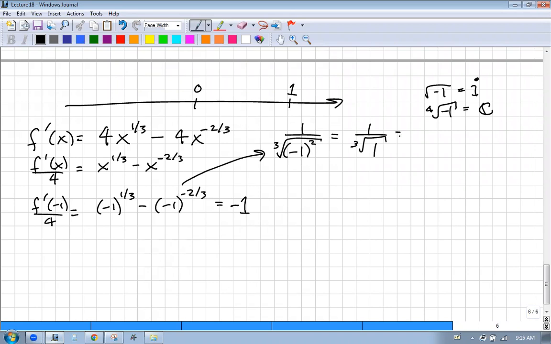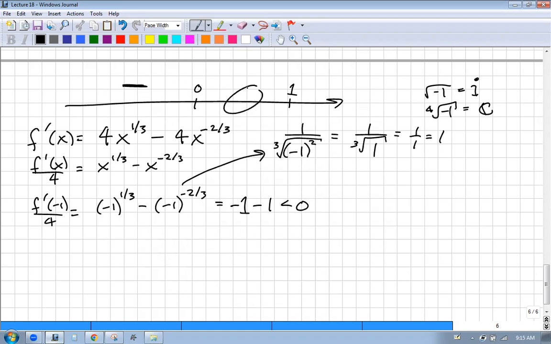What's the cube root of 1? Well, it's just 1. Does that make sense, how we work through that? It wasn't as difficult as it looked. So we have -1 minus 1, which is -2. So that's negative. So over here, the first derivative is negative.